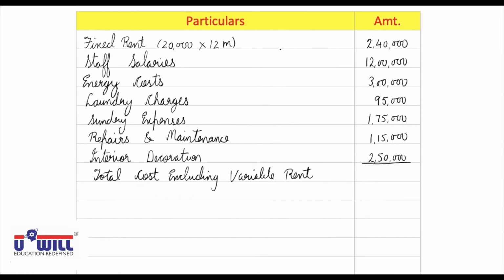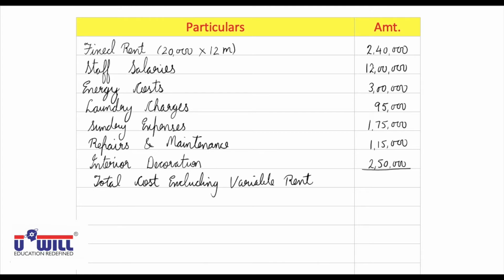Now we'll add all this. So 2,40,000 plus 12 lakhs, 14,40,000, 17,40,000, 18 lakh 35,000, 19 lakh 35,000, 20 lakh 10,000, 21 lakh 25,000, 23 lakh 75,000. All of you do it on calculator.